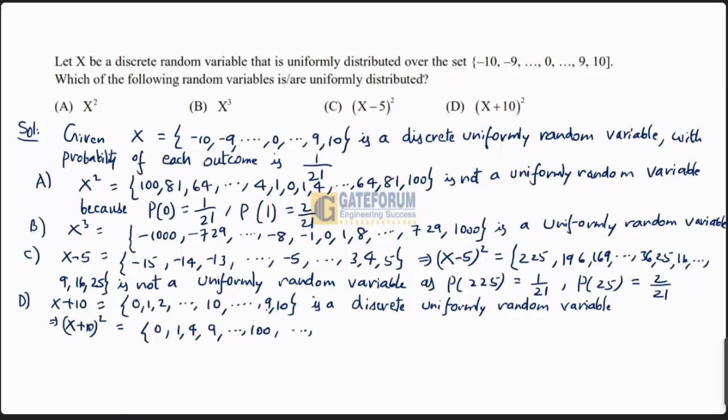Kindly excuse me, X plus 10. 19 square 361, 20 square 400. Here no element is repeated. So this is a uniformly random variable.